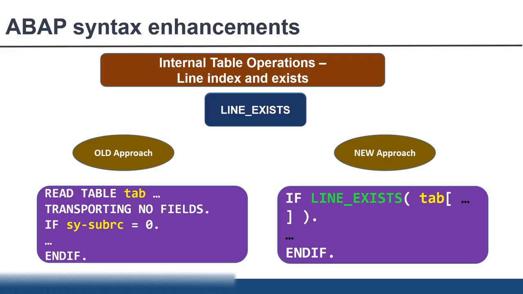Now, with the new approach, you can simply mention the function line_exists and within the braces, the internal table and the conditions. Only if the record exists, the condition inside the IF will be true and then only it will go inside the IF condition.